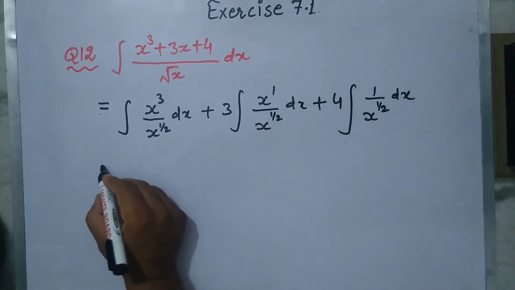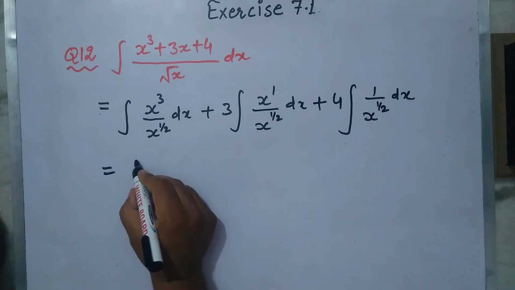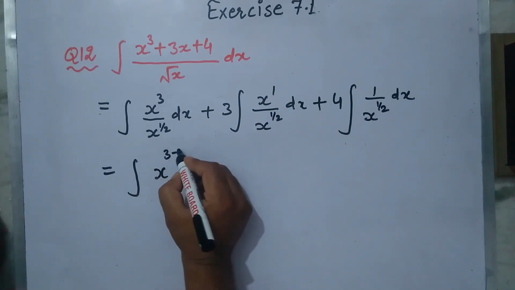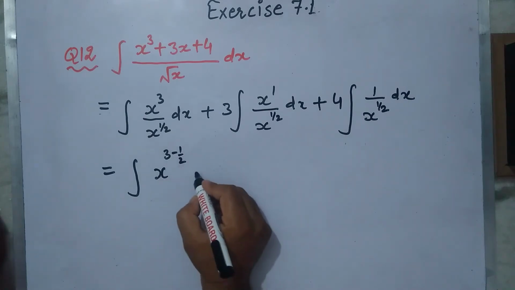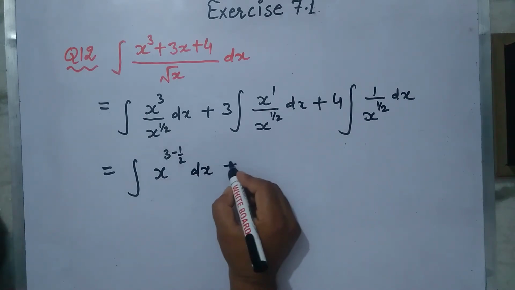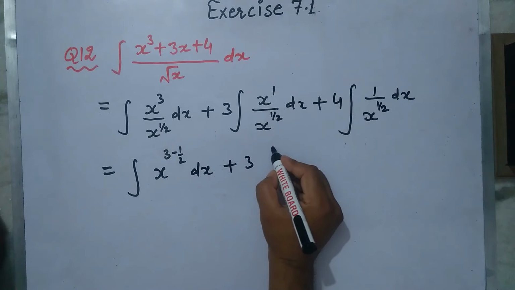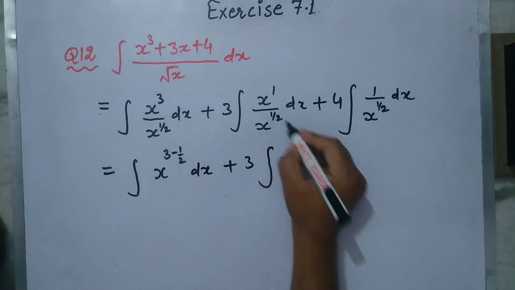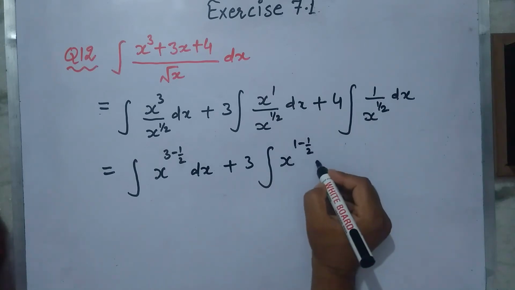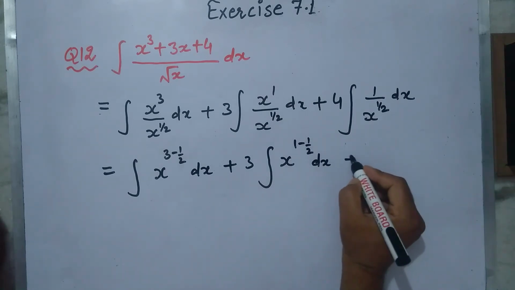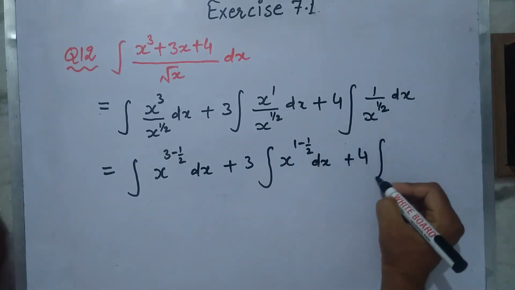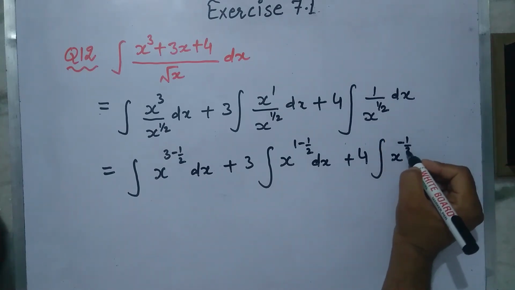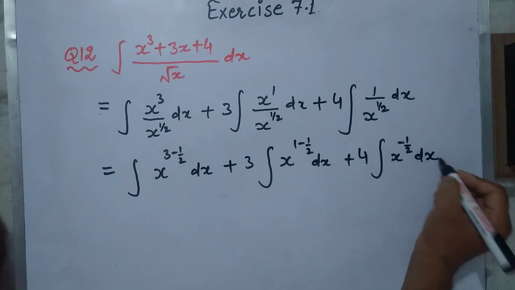So this is equal to integration of x raised to power 3 minus 1 upon 2 dx plus 3 integration x raised to power 1 minus 1 upon 2 dx plus 4 integration x raised to power minus 1 upon 2 dx.